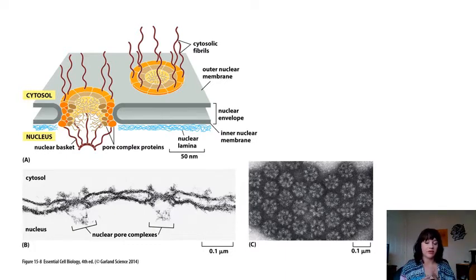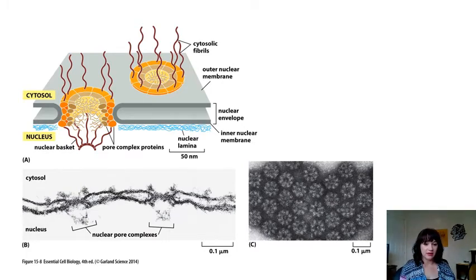That creates kind of a gelatinous consistency. We also have on one side a nuclear basket that kind of catches things as they are coming through. And then on the opposite side, we have cytosolic fibrils that help guide the protein, if it's the correct one, into the pore. So we have some electron micrograph examples in B.